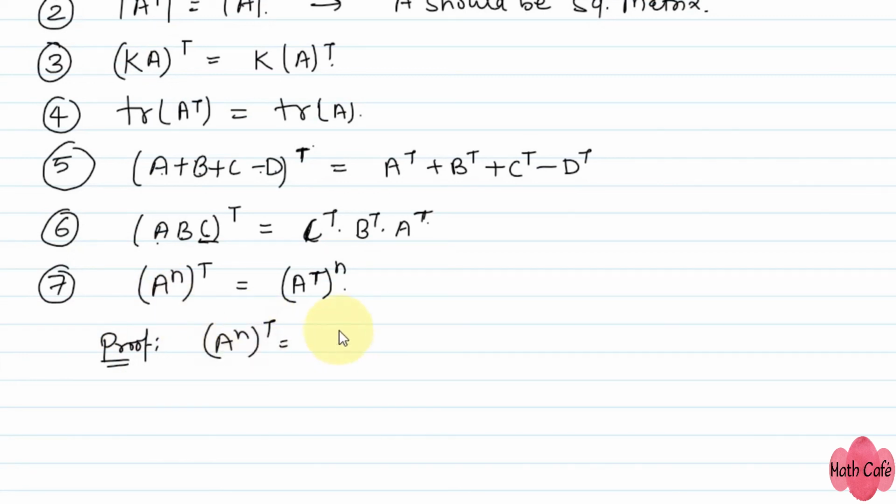A power n can be expressed as A multiplied by A multiplied by A, n times. We are taking the transpose of this value, so I will just put transpose from the back side, so that will be A transpose multiplied by A transpose multiplied by A transpose, n times. So I can write it as A transpose power n.